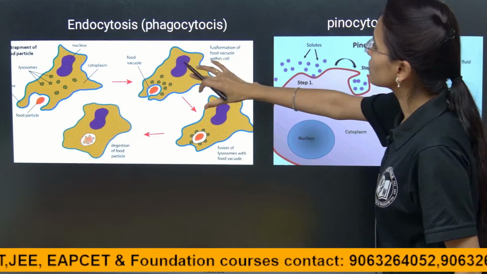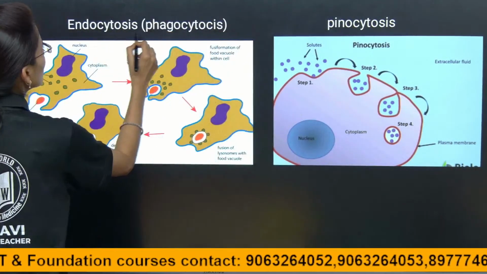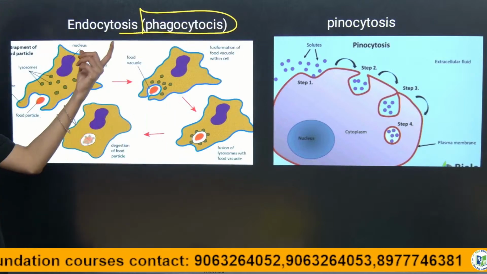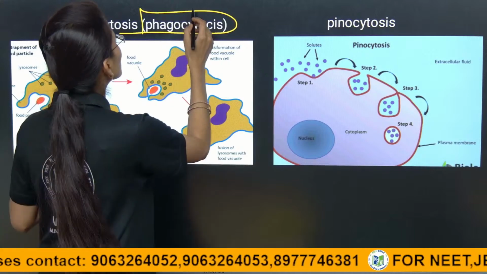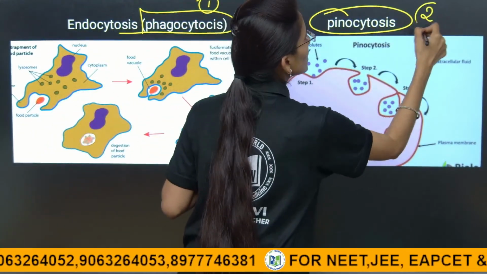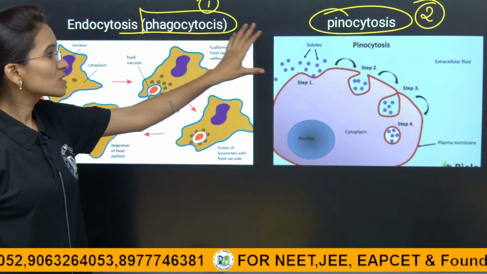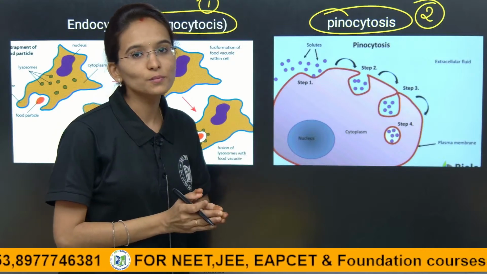Look into this picture clearly children, so that it becomes easy to understand. Endocytosis is of 2 types, one is phagocytosis and one more pinocytosis. These all we are studying under the bulk transport mechanism.